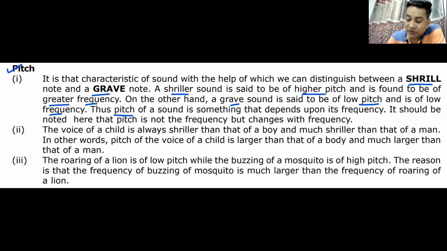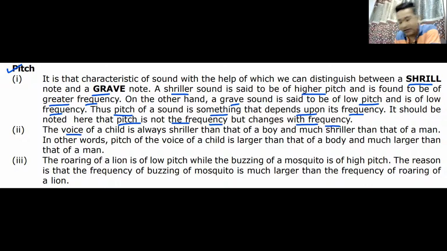That means the pitch of a sound depends on frequency. So when I say a high pitch note, it is a note of high frequency. When I say a low pitch note, it's a note of low frequency. But remember that pitch is not the frequency, but it changes with frequency. So the pitch of a sound is definitely not its frequency, but it depends on the frequency. Do we understand this?